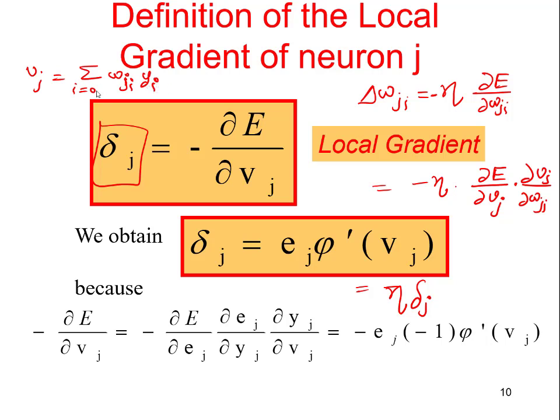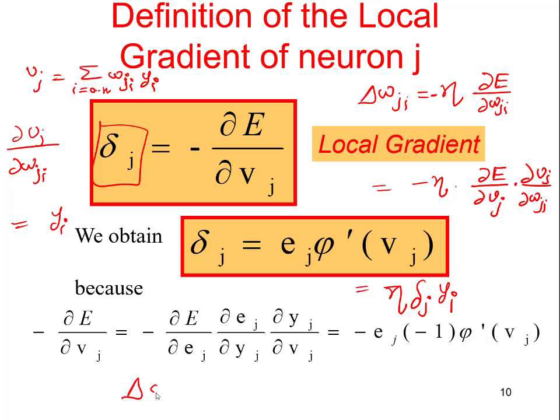If Vj is differentiated with respect to Wji, only yi will remain and the others will be cancelled out because they are considered constants. Only Wji associated with yi will remain, so we can say it is yi.